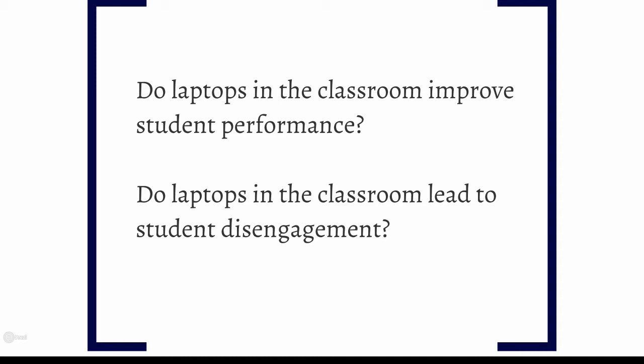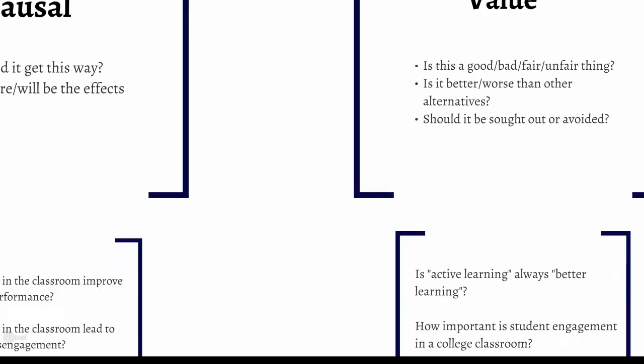On the other hand, do laptops in the classroom lead to student disengagement? So advocates of laptop use would say, look, students can take faster notes and they can perform better. And other people might say students are barely paying attention, and if they can go online, they'll just do that for the whole class. It would lead to student disengagement, and that wouldn't be a good thing.